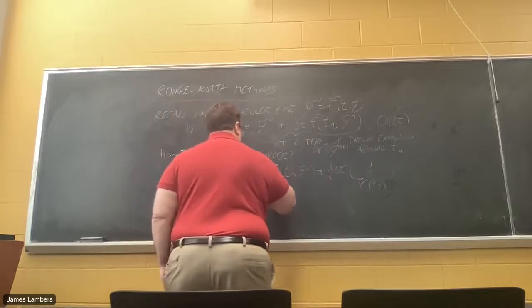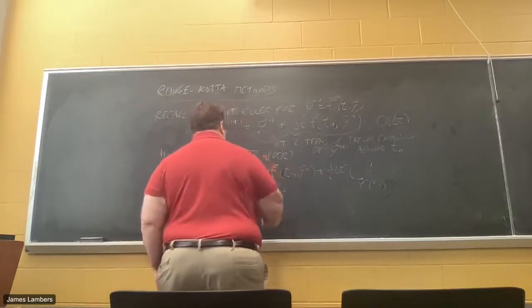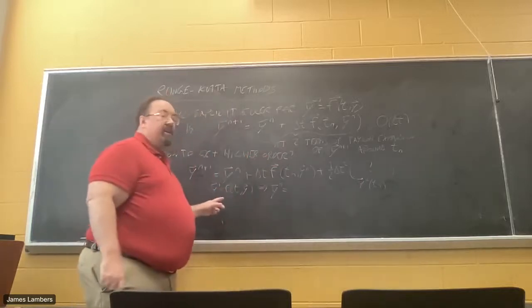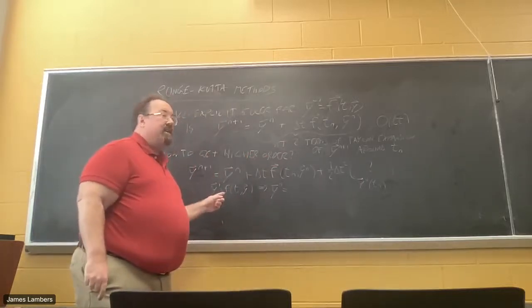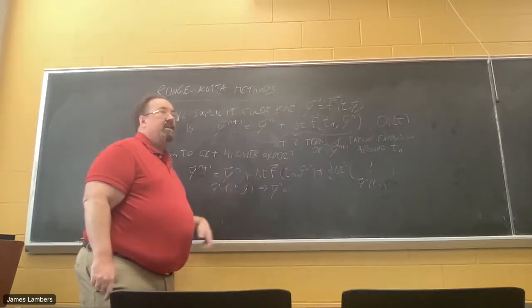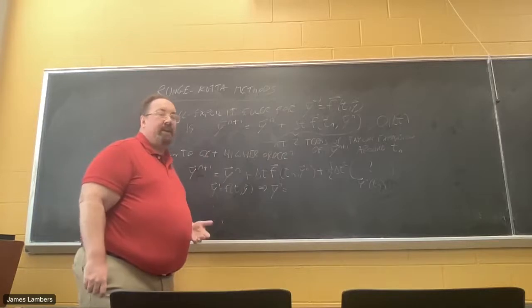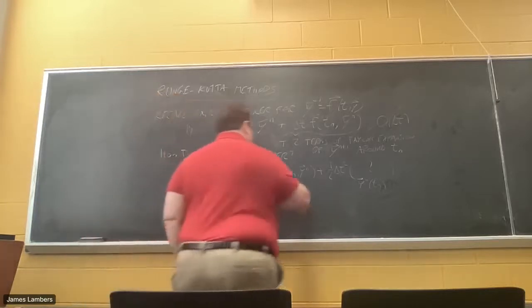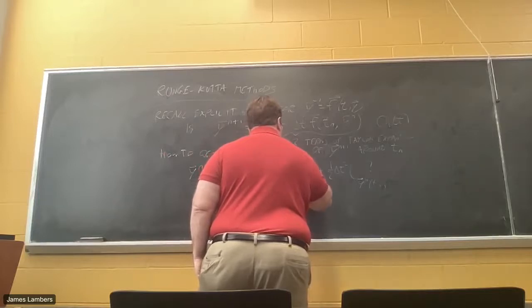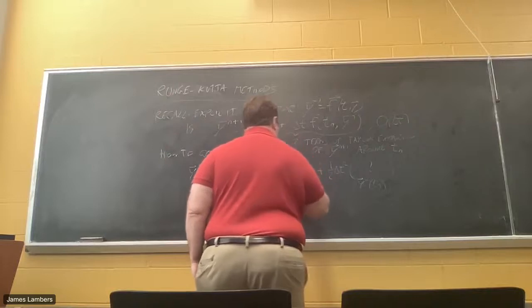So y double prime is equal to the derivative of the entire right-hand side with respect to t, keeping in mind that both arguments depend on t. So there's a multivariable chain rule going on here. We have df/dt at t, y.